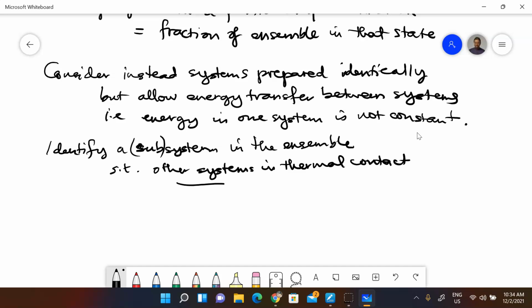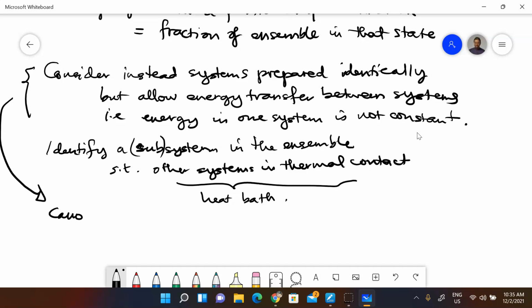Then this can be thought of as a heat bath. Such a system is called a canonical ensemble.